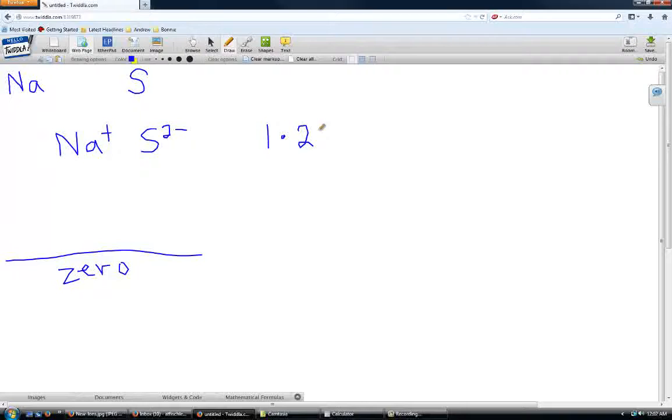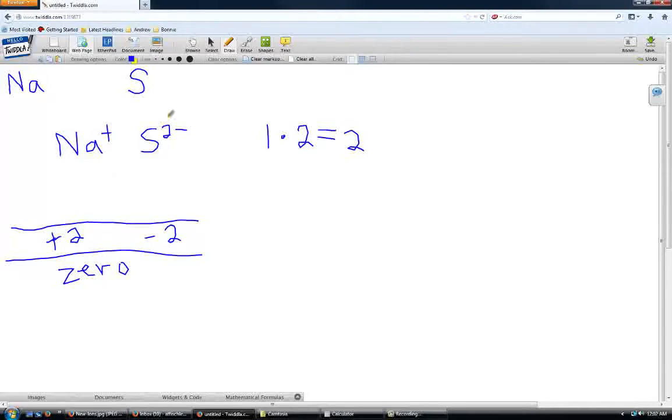The 1 comes from the +1 of the sodium, and the 2 comes from the 2 minus of the sulfur, equals 2. So this 2 means that this side, the sulfurs, should add up to -2, whereas this side, the Nas, should add up to +2. Again, +2 and -2 adds up to 0.